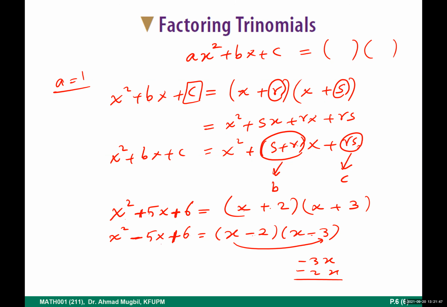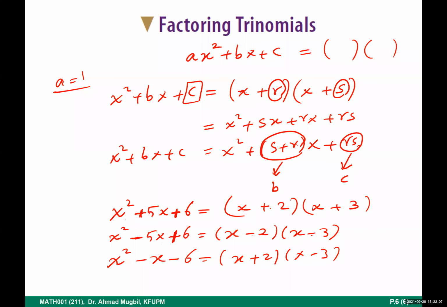The sum is negative 5x. So it is clear, it is like a game here. When you have x plus 2 times x minus 3, what will it be? x squared minus x minus 6. So now if you have x squared minus x minus 6, this is how to factor.